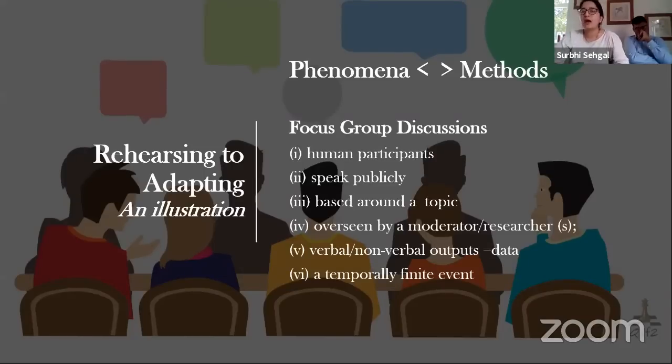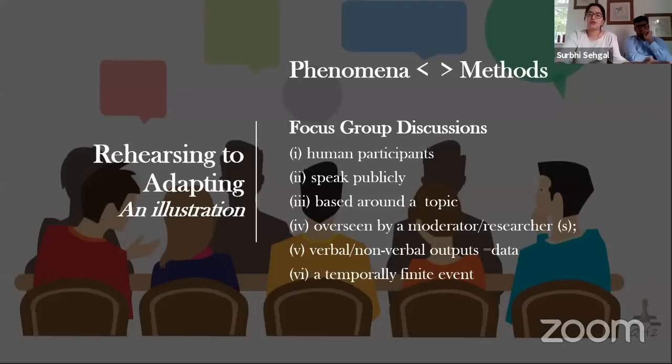For those of you who might not be aware of focus group discussion, let me briefly tell you what that method entails. A focus group discussion is where a researcher chooses a particular topic or phenomenon that he or she wishes to study, and to gain more insights and perspectives on that phenomenon of interest, we have a group of participants.